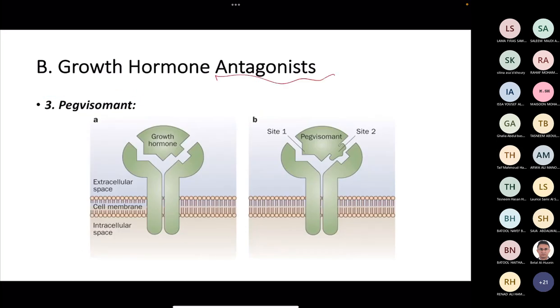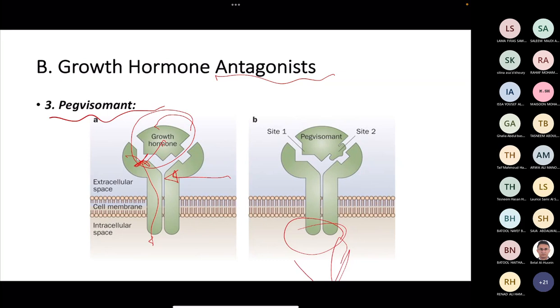Now another antagonist is called pegvisomant. زي ما قلنا, the steps for the cytokine receptor to be activated is the growth hormone binds to the cytokine receptor, one subunit, and then this attracts a second subunit to bind to the ligand, the first subunit of the receptor, and then two JAKs become next to each other, and then this signaling event starts.